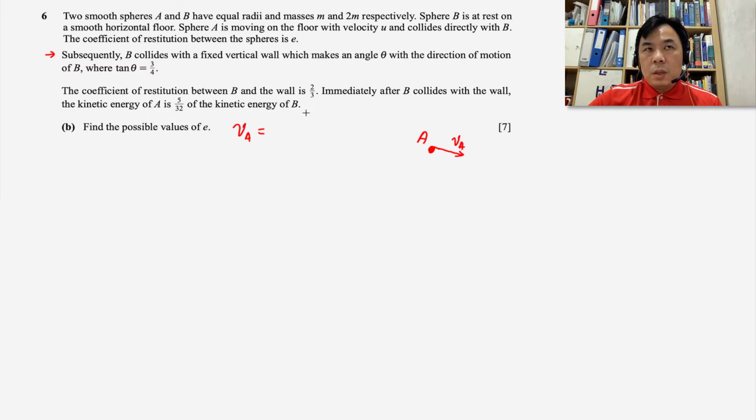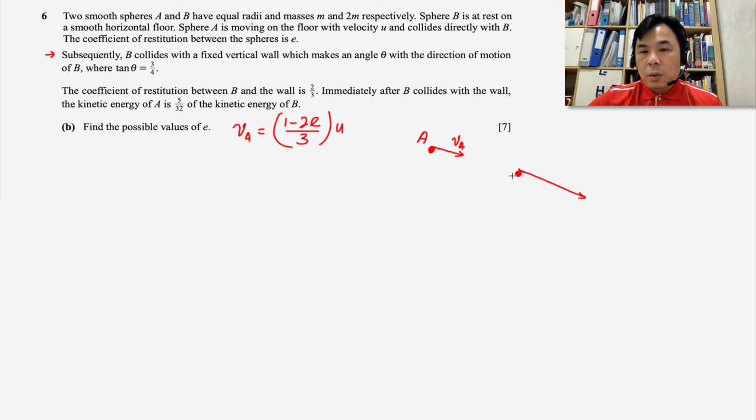First of all, yes, it's 1 minus 2e over 3 times U. And then B itself will be moving in this direction, for instance, all the way up to here, until it collides with the wall.